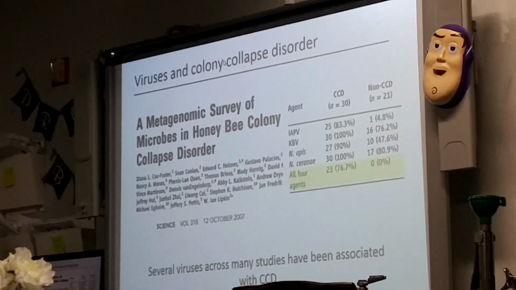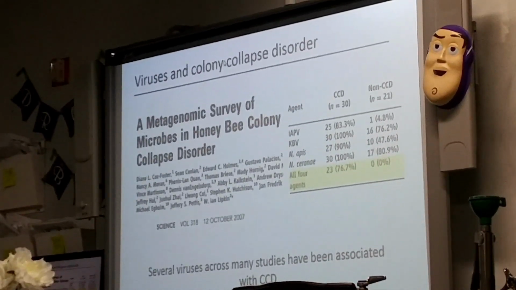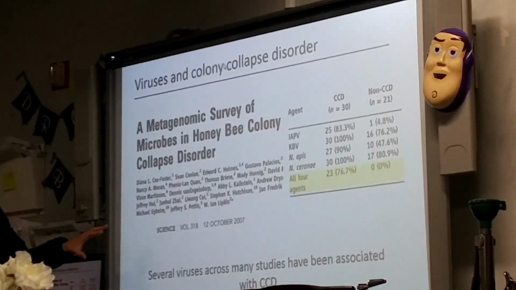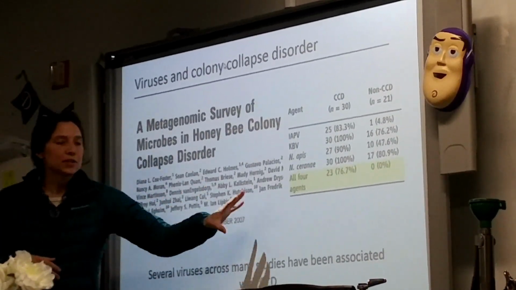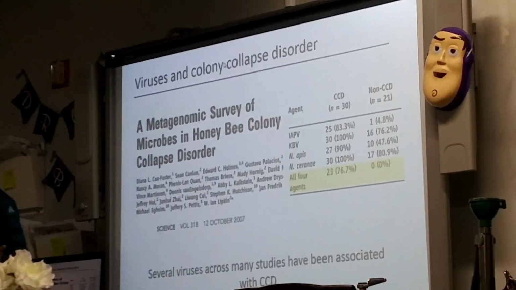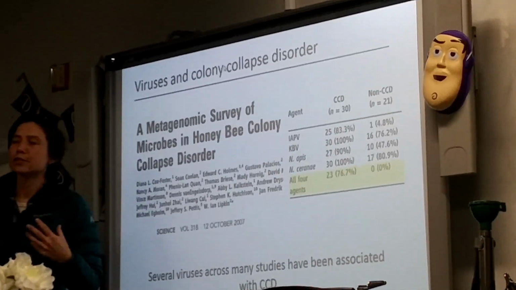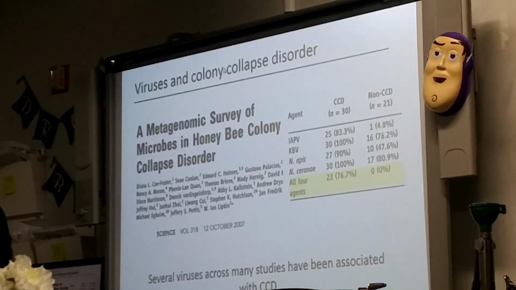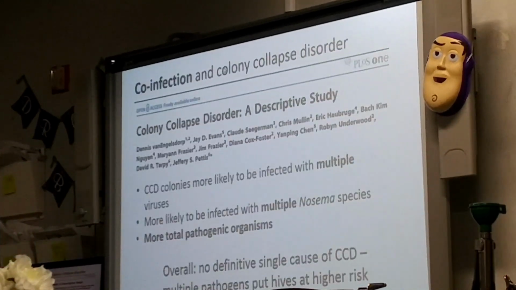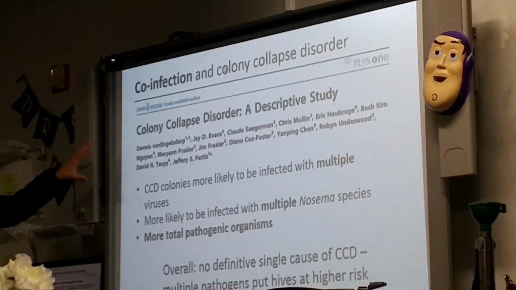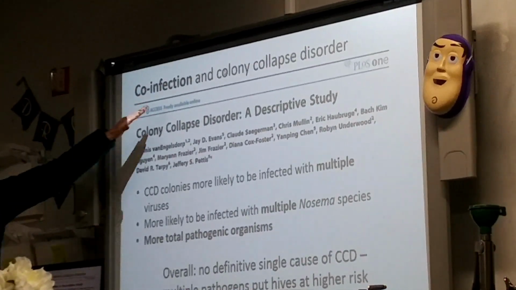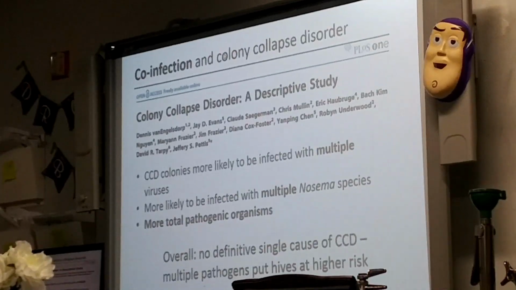They also tend to be infected with multiple pathogens in general, including things like Nosema. So this is an interesting case that, one virus of any given type a colony may be able to tolerate, but when you get multiple viruses, you start to see these non-additive effects leading to something like CCD. This was another study that looked at colony collapse disorder and again emphasized its role for co-infection, meaning multiple viruses at once.